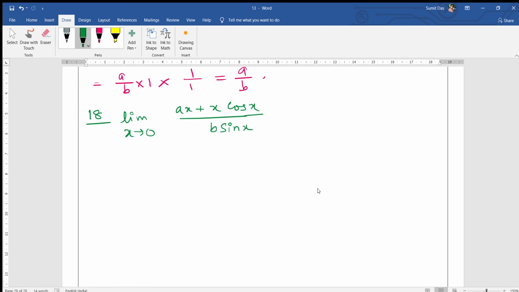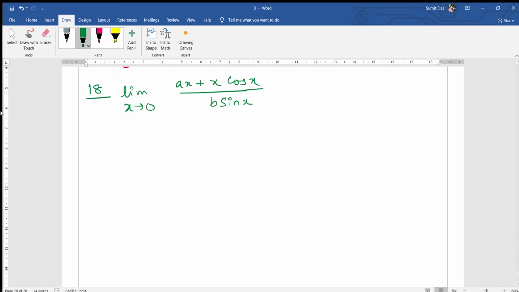Okay, so in this question we can see sin x and cos x. So first our work will be to separate. I'll write limit x tends to 0 of ax plus b sin x. Now look, a and b are constants, so we don't have to think about a and b much.